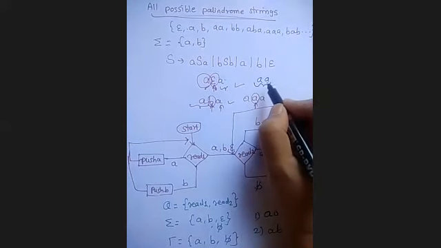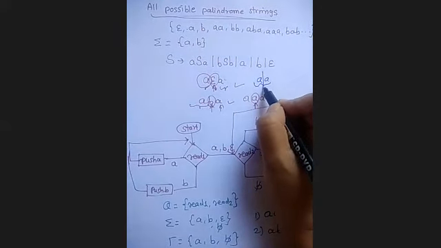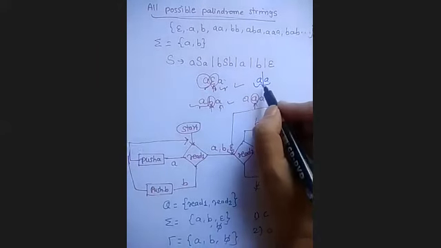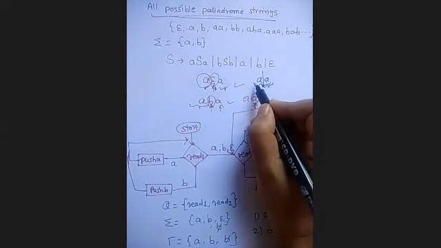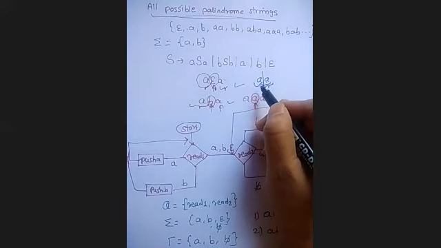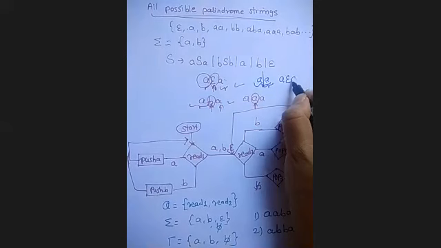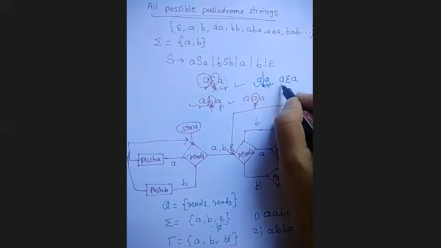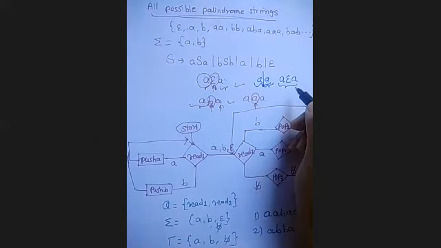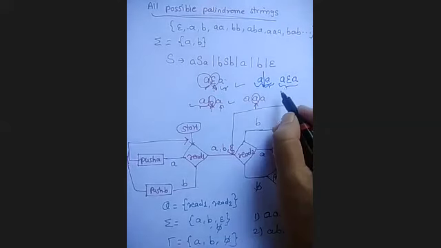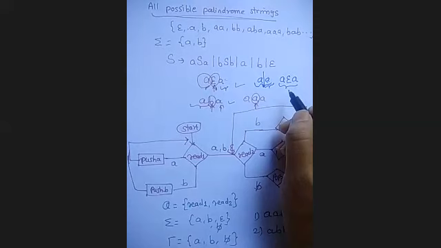Half of this string we have to push onto the stack, and the remaining half we have to compare with the earlier half. To separate them, we insert an epsilon as a middle symbol in case of the even length string.